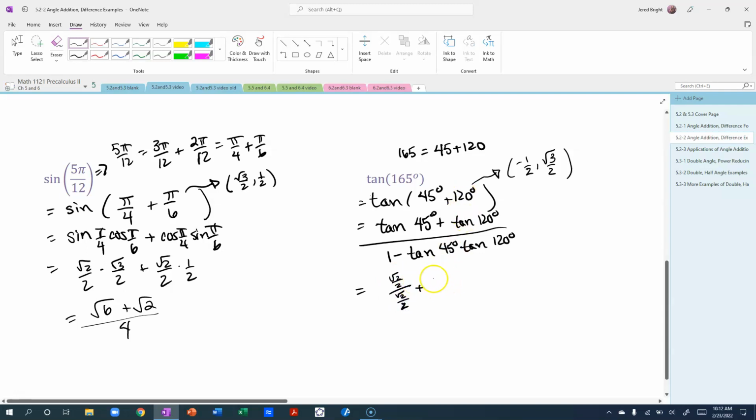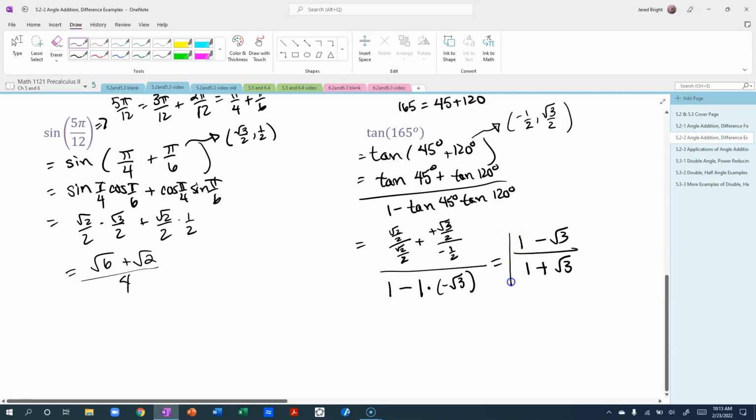Plus tangent of 120, so square root of 3 over 2 for the y over x, that's negative, over positive 1/2, doesn't much matter there, and then all over 1 minus, and I'm going to simplify tangent of 45 just to 1 times, and then tangent of 120, I'm going to simplify that to negative square root of 3, okay? So ultimately I get 1 minus square root of 3 all over 1 plus square root of 3. Okay, now for me, this is fine.